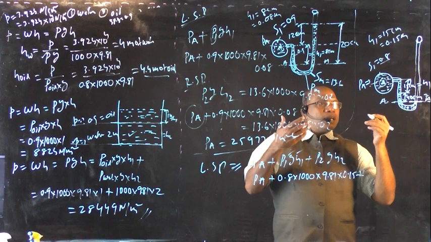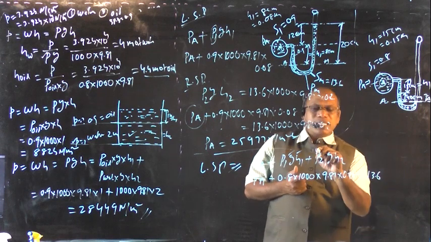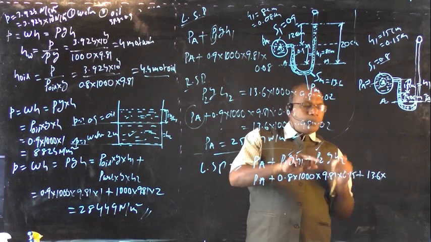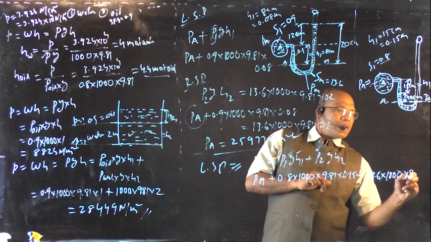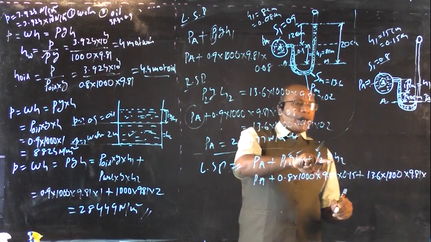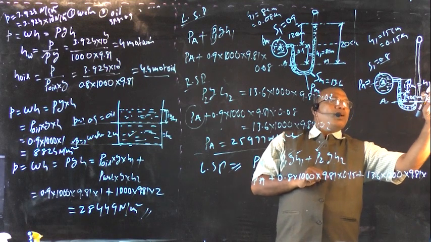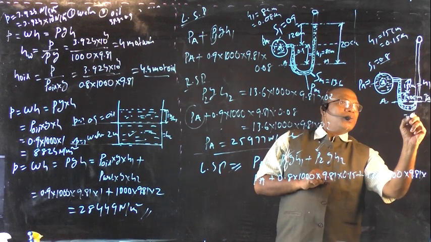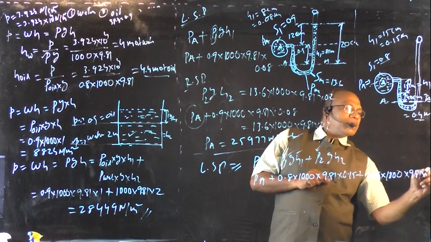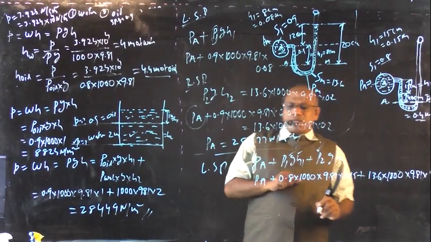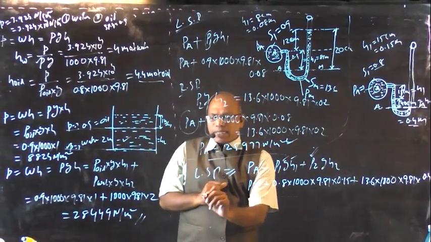Mercury density is equal to specific gravity of mercury, 13.6 into 1000, into 9.81 into H. The mercury level is 40 centimeters, that is 0.4 meters. These are the left side pressures. Then the right side pressures.